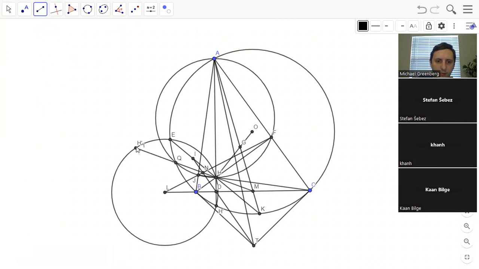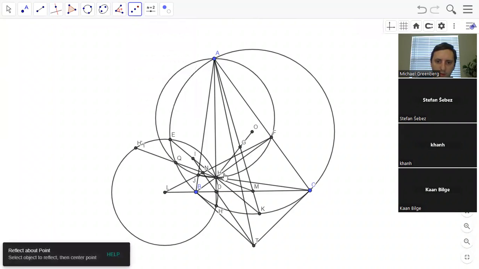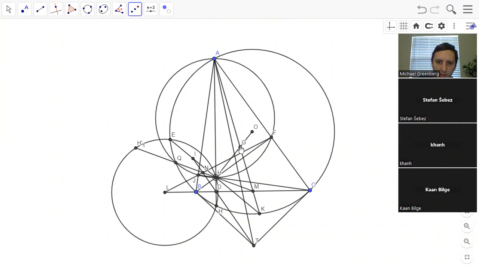And if we reflect H about G, yeah, that's the thing. This point doesn't look as special. So yeah, I think it's significant that these both lie on this circle.